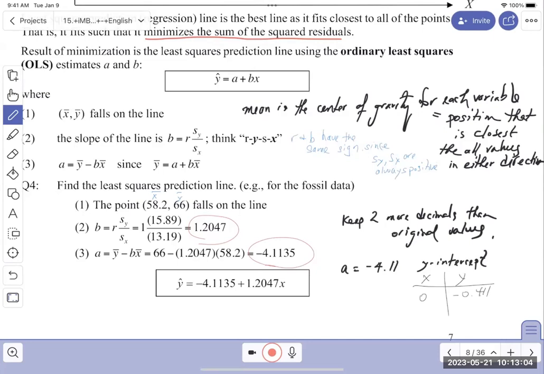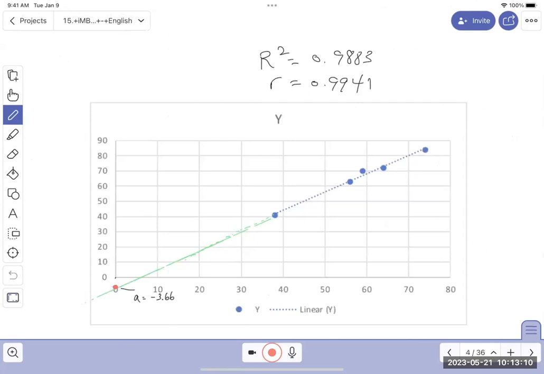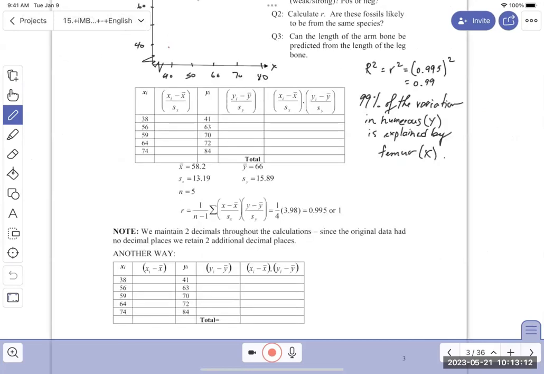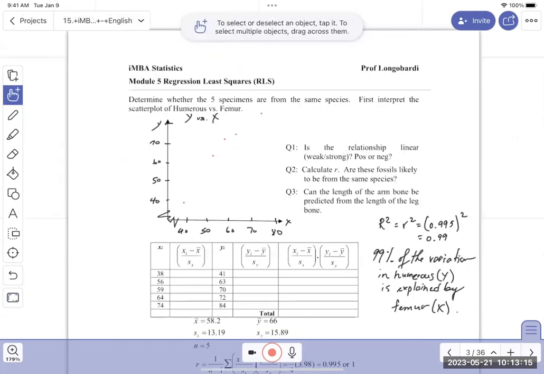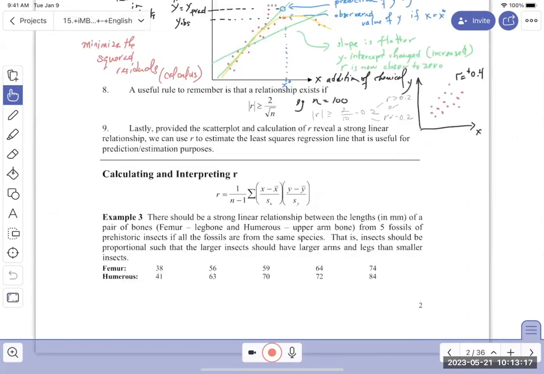So interpreting back to the data, what was x? X was the femur, the leg bone.